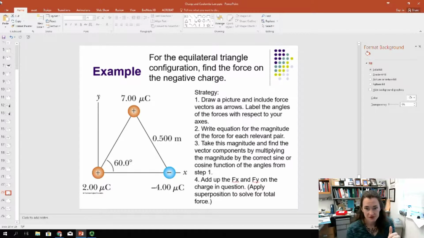So I resolve those into their vector components. And finally in step four, I add up all my x components and all my y components for the force vectors on the charge in question. In other words, I apply the superposition principle to solve for the total force on my -4 microcoulomb charge. So those are the steps that I'm going to follow. Ready?